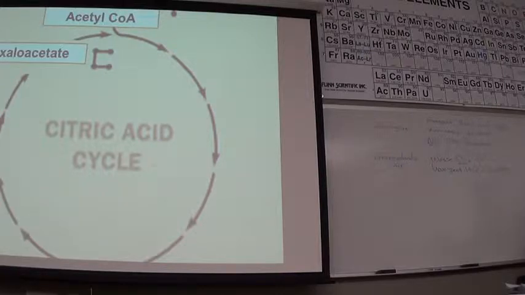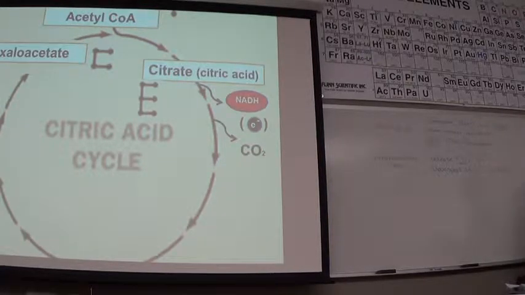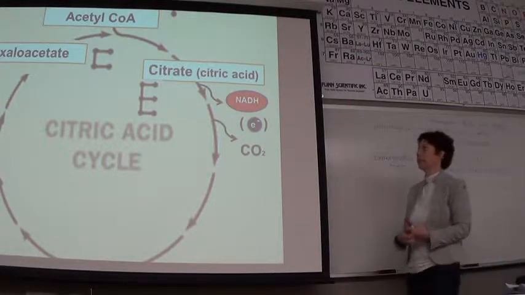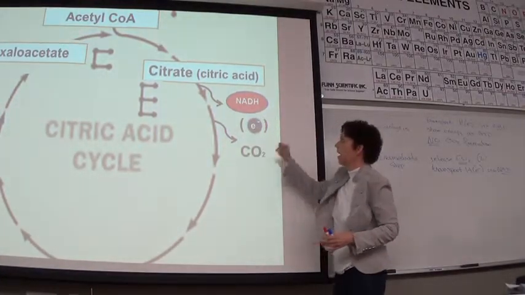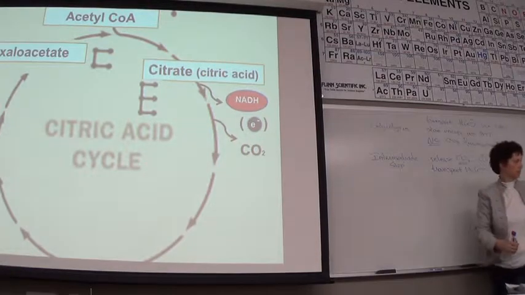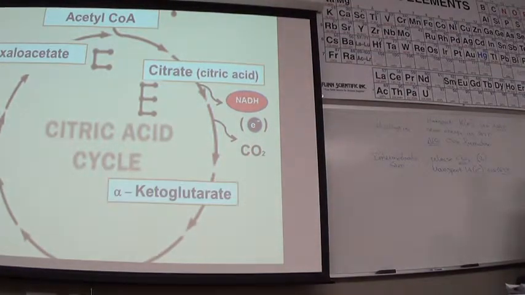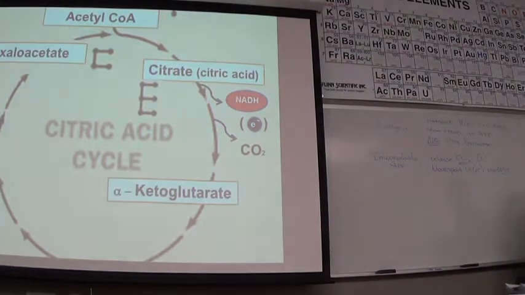So here we have the acetyl group with 2 carbons, oxaloacetate or oxaloacetic acid with 4, and we form citric acid. Hydrogens are removed with their electrons and carbon dioxide to form alpha-ketoglutarate or glutaric acid.